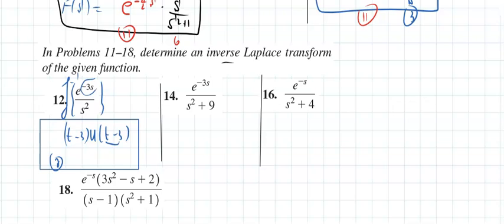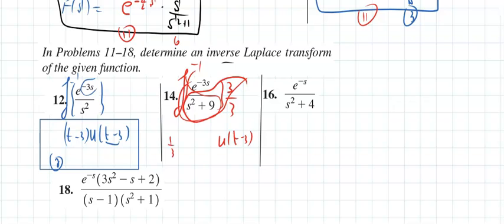Here, the same deal. If I want to apply the inverse Laplace transform on this, well, I'm looking at really u of t minus 3. So it's going to shift everything by 3. Well, 1 over s squared plus 9, I have to multiply by 3 and divide by 3. 3 over s squared plus 9 is a sine of 3t, so it's 1/3. It should be the sine of 3t, but it's shifted.